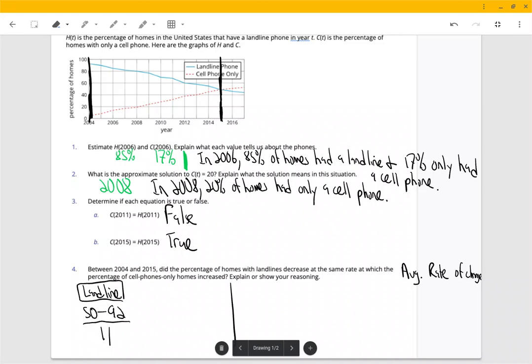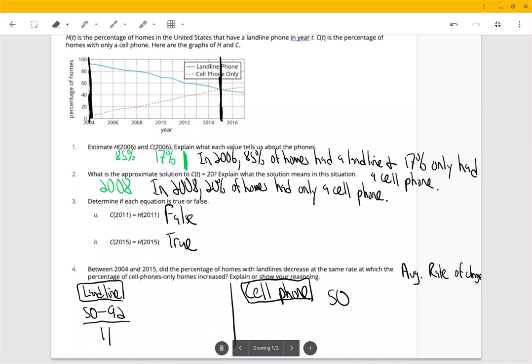And then we'll calculate that in a moment, but we're going to do the same thing for cell phone only homes. So now, again in 2015, it looks like about, since they were the same, about 50% of homes had only cell phones. In 2004, it looks like it was closer to 0 than it is to 20.